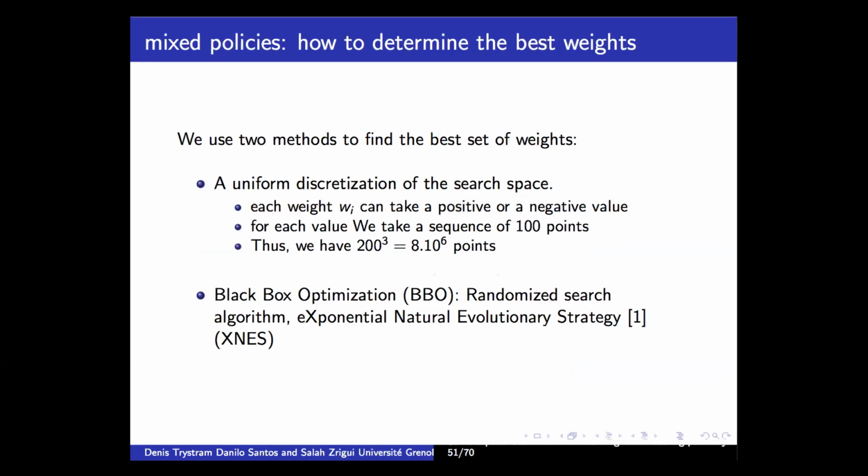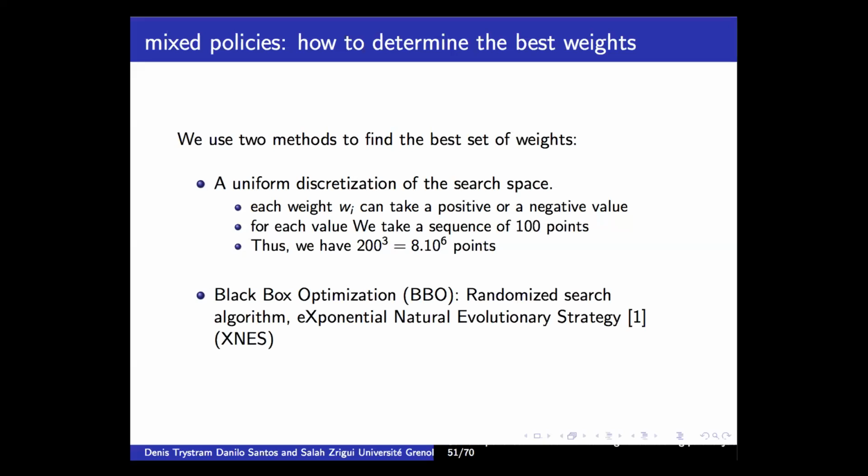For this, we use 2 methods. Each one of them serves a goal that I will detail in due time. First, we perform what I would call a brute force search, which is basically a uniform discretization of the search space. This method results in roughly 8 times 10 to the power of 6 points, and each point represents a simulation on a scheduler.